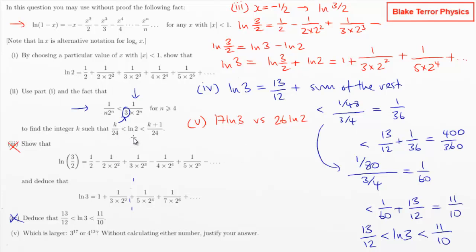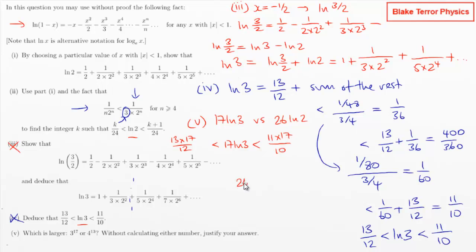Right, and we've got our ranges for each one of these. So 17 log 3 is between these bounds: 13 times 17 over 12 and 11 times 17 over 10.